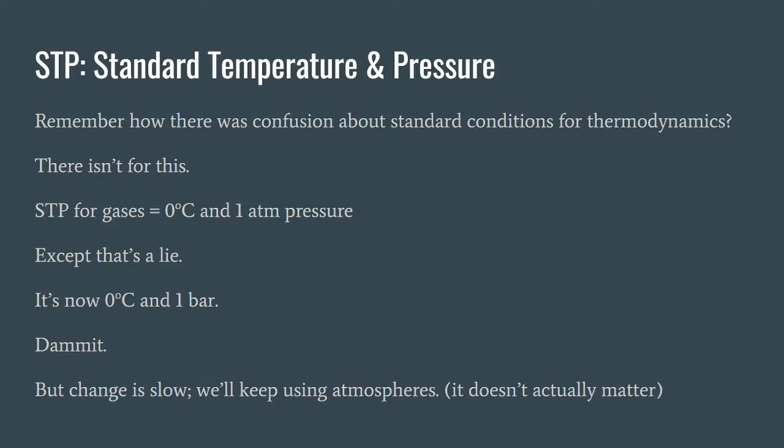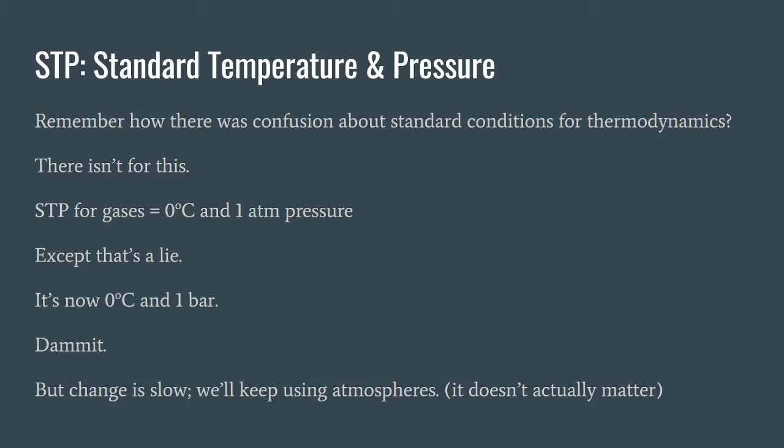Standard temperature and pressure, STP, is 0 degrees Celsius and 1 atmosphere of pressure. Except that, no, it's not. It's now 0 degrees Celsius and 1 bar. But change is slow, so we'll just keep using 1 atmosphere of pressure. It doesn't matter all that much. It's a difference of 1.325%. Still, it's annoying.